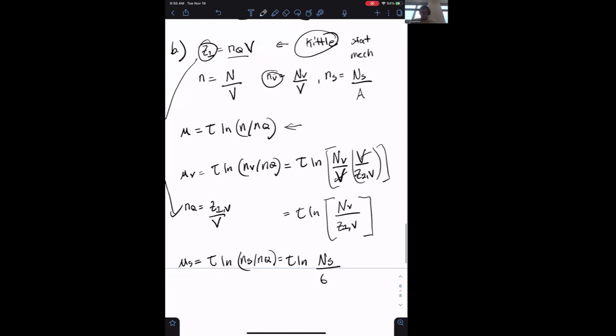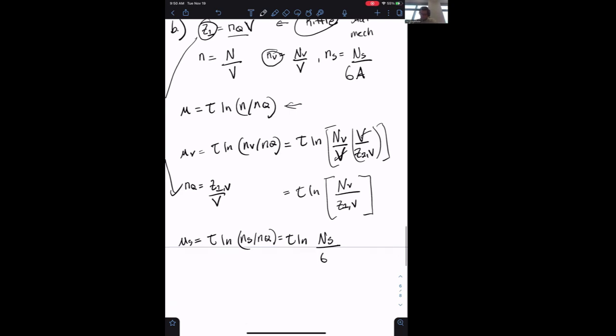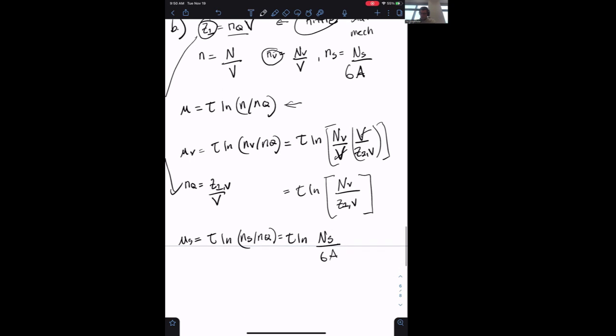Oh, okay, it doesn't matter. You can put this factor of 6 here or not. It's 6a, and then the quantum concentration is again going to be 6a divided by C1.